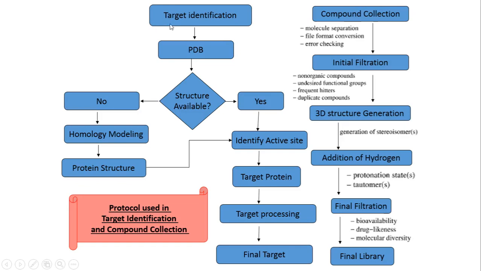We would devote this lecture to drug target identification, on how we identify a suitable drug target. Before we begin, let us first try to understand what exactly a drug target is.